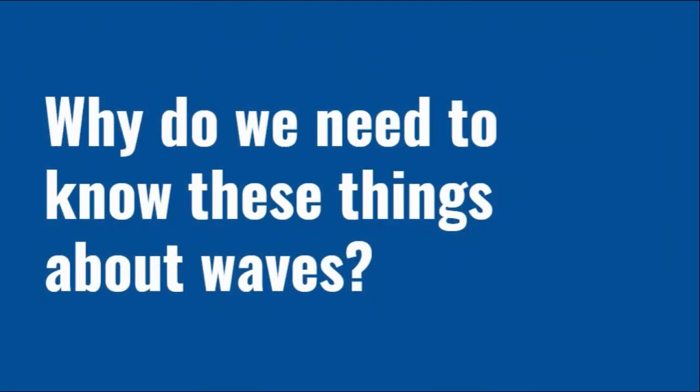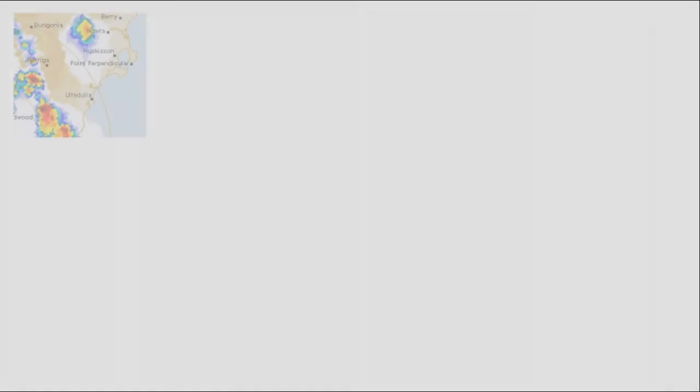So at this stage it's fair to ask, why do we need to know these things about waves? Well, as we'll soon learn in the next part of the topic, waves are used throughout almost every aspect of our lives. A huge array of modern technology and important scientific discoveries depend on the accurate measurement and calculations of wave speed, wavelength, and frequency.